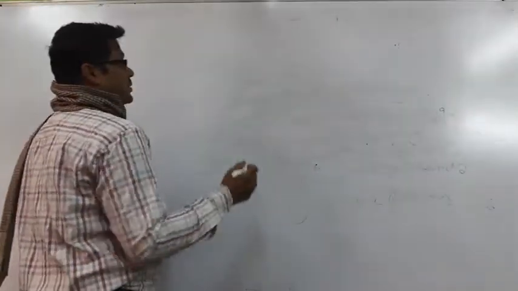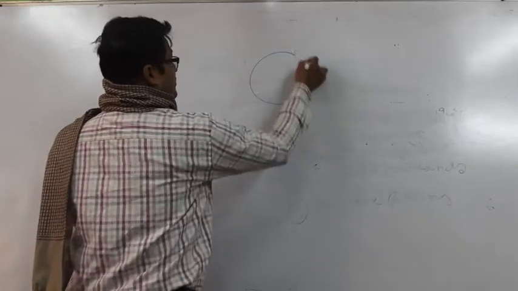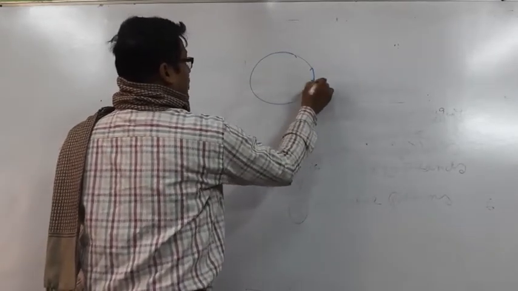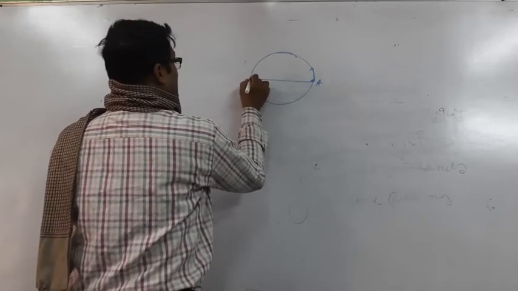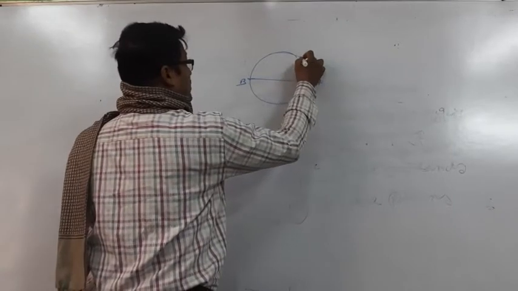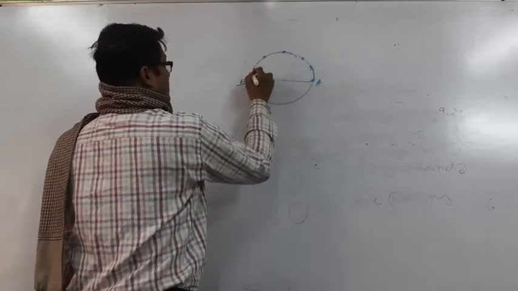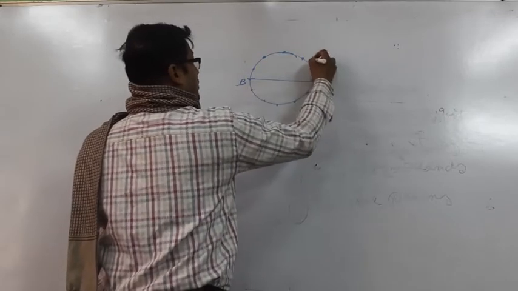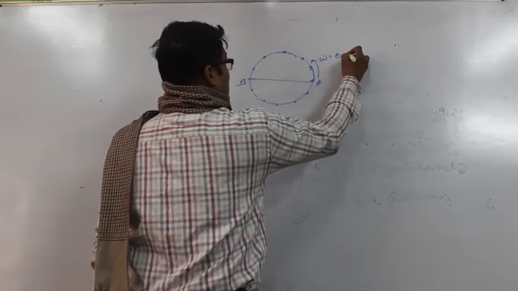Here, what is the reference frame? Like this is a circular path. A particle starts its motion from point A, with diameter B. Now the particle is moving in this way with uniform angular speed, omega constant.